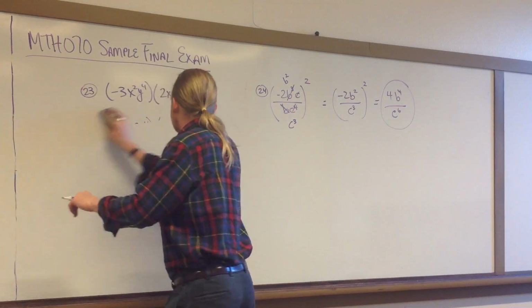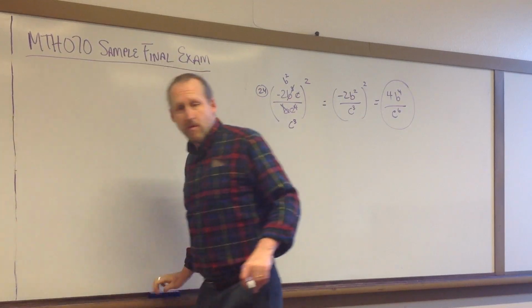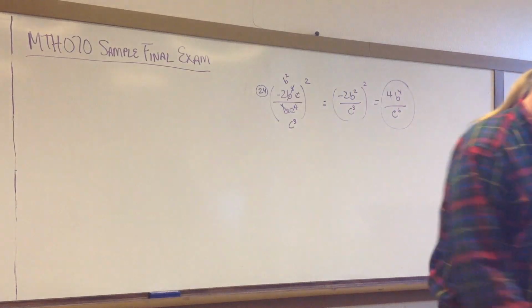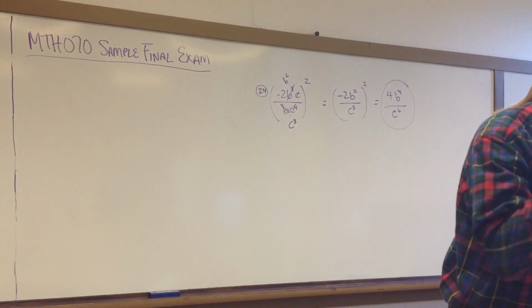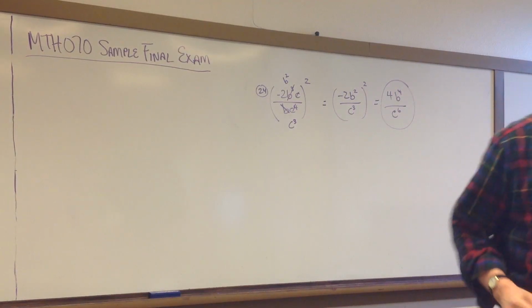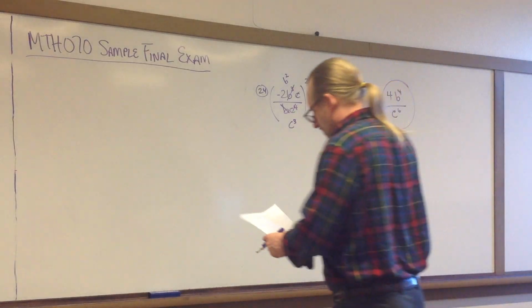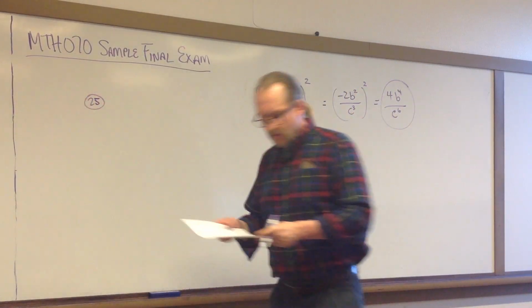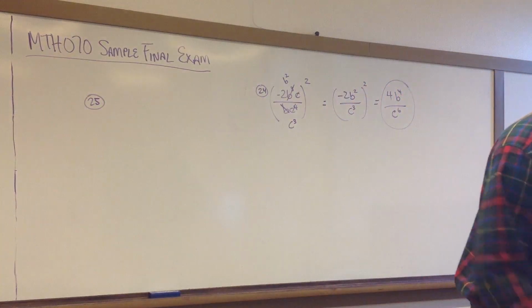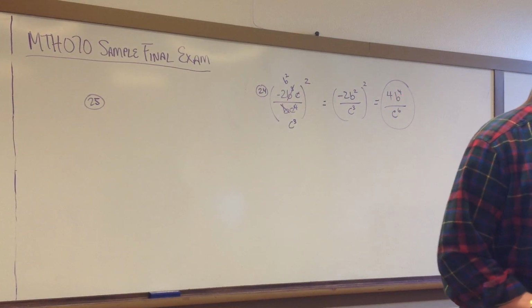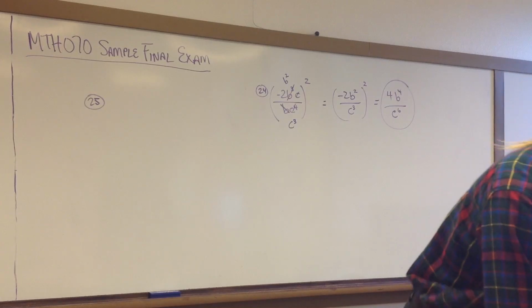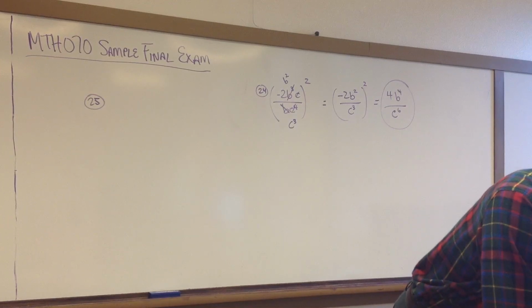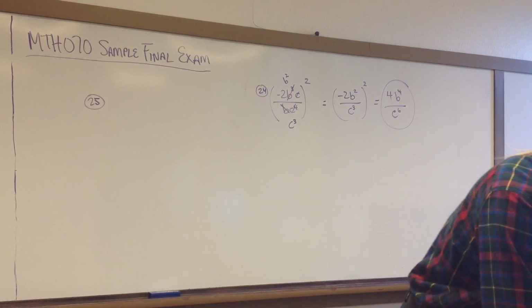All right. What's next here? Okay. Problem 25. We're going to do, let's see here, 3x minus 2 times x plus 4.